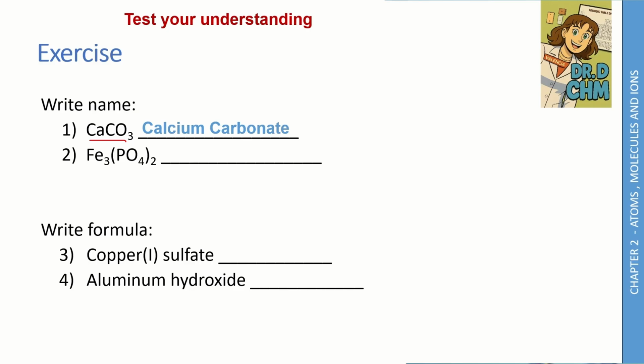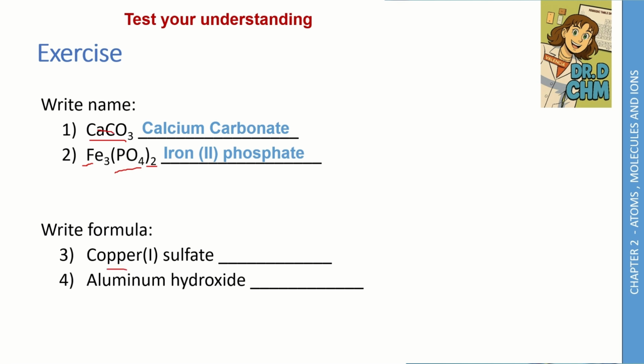See, the metal is always the beginning. So start with the metals and then you go to the polyatomic ions. We have iron. Iron is a transition metal and it has a charge of 2, so iron 2 phosphate. That is the name of the polyatomic ion.